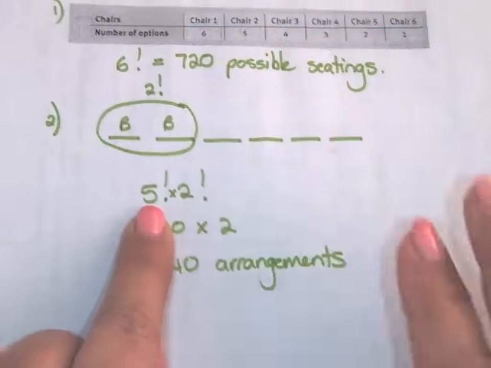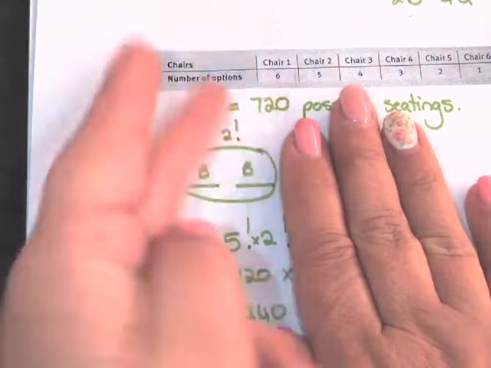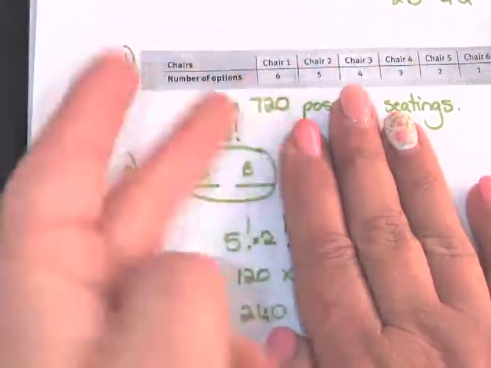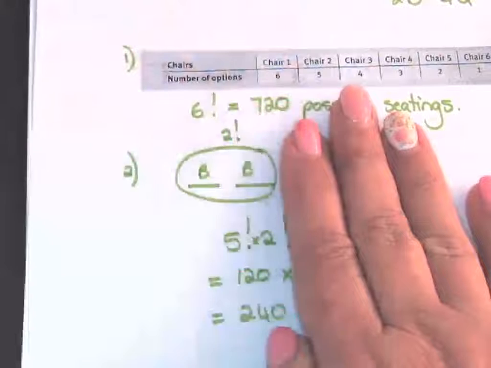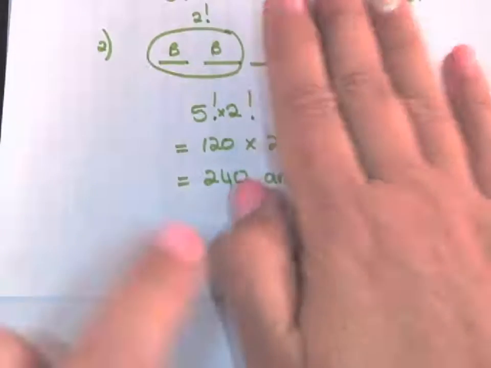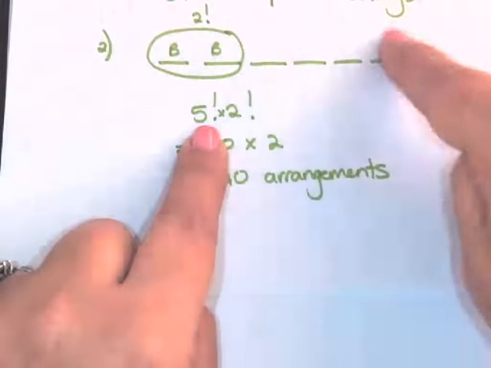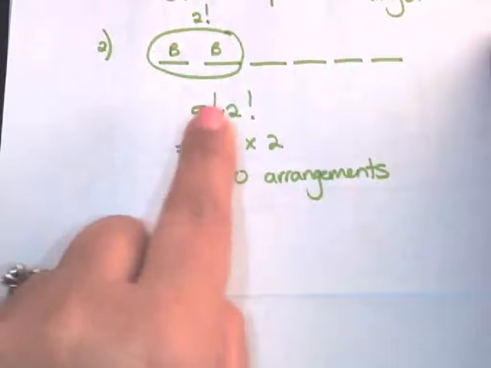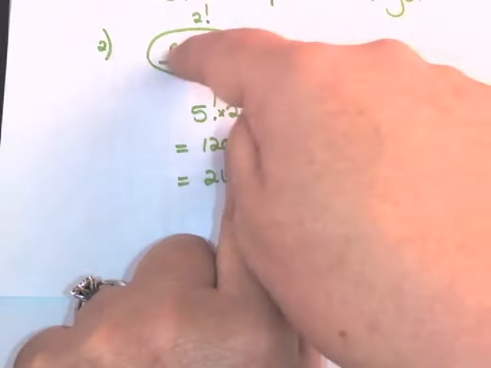But the boys on their own can swap. So we have 2 factorial for the boys only. Do you understand that? And then you just multiply them. 5 for the arrangements for the boys together with the rest of the girls, and 2 for only the boys.